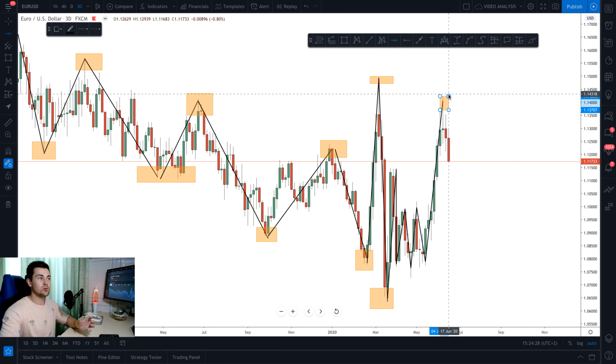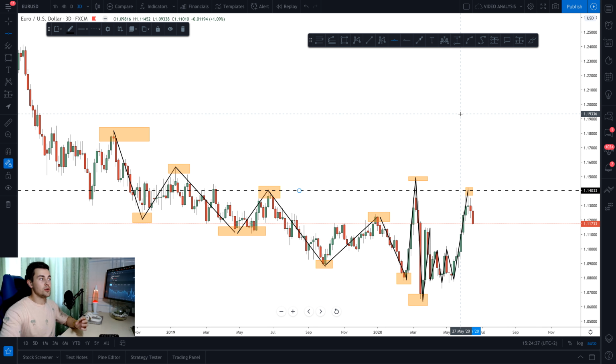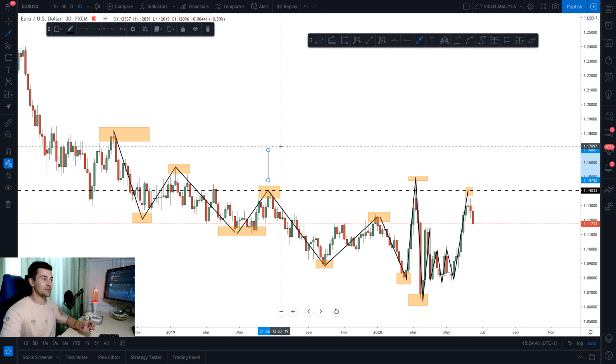So what you do, you just draw the horizontal line based on the area from where the bearish movement started, and you look left. You look left at structure, and what do you see? You see that it was the key level, yes.